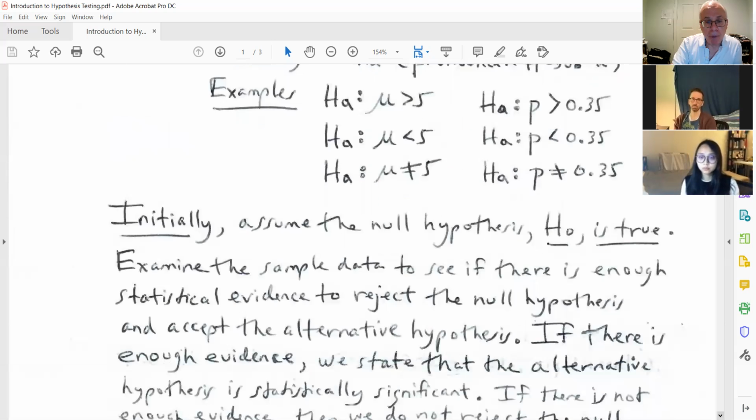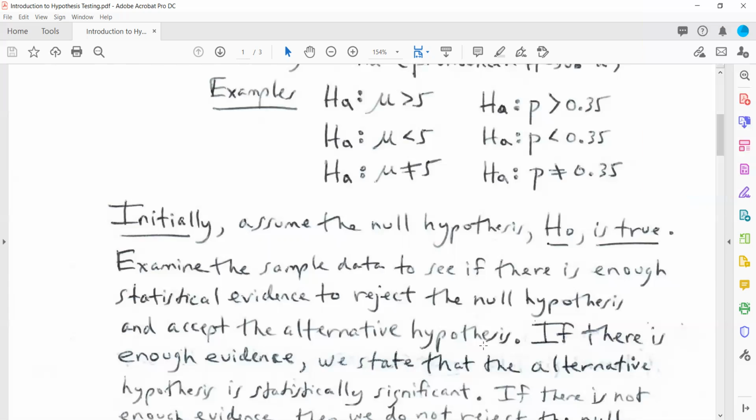Now, as I had mentioned in the video, and Dr. Williams, who was in the video, talked about, we're going to assume that the null hypothesis initially is true.